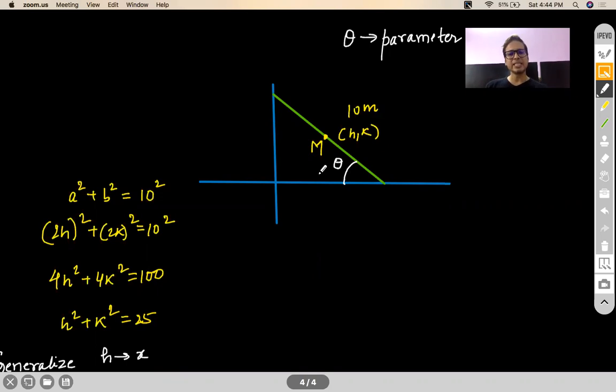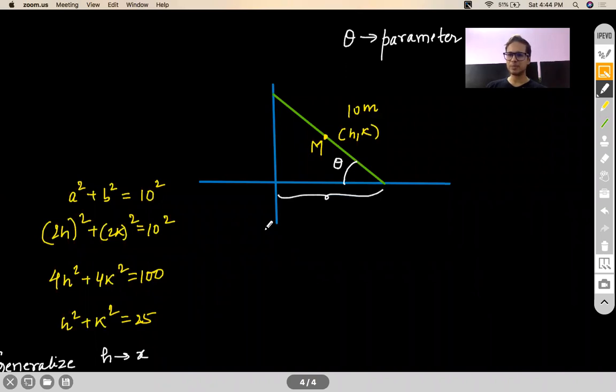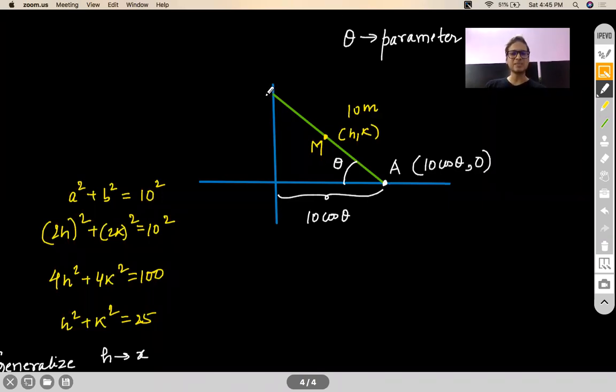Very simple. If I have this as 10, what will this length become? As per simple trigonometry, this length will become 10 cos theta. If I call this point A, then A becomes (10 cos theta, 0). Similarly, this length becomes 10 sin theta, so if I call this point B, B becomes (0, 10 sin theta).